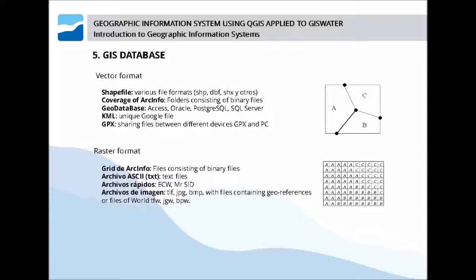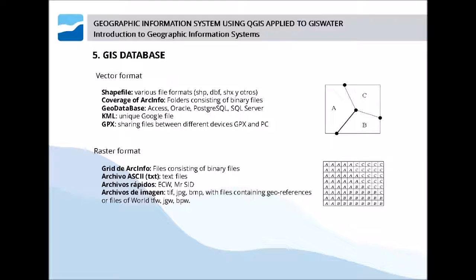Before, we spoke about the type of data we can store in a GIS. Well, we have vector and raster formats. The vector format is defined by points, lines, or polygons. The raster format is a format with continuous information, divided by cells with a particular value. Within the vector formats, we have the best known, the shapefile format that was released by ESRI, which is composed of several files. It is what we will use throughout the course.